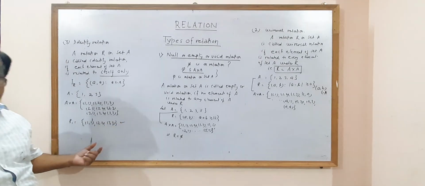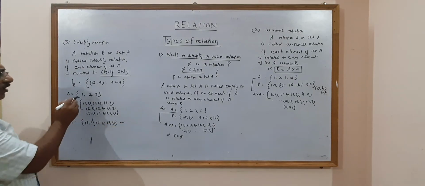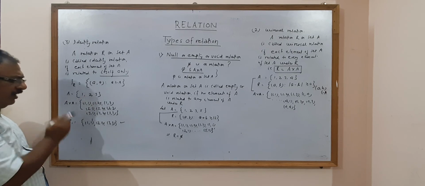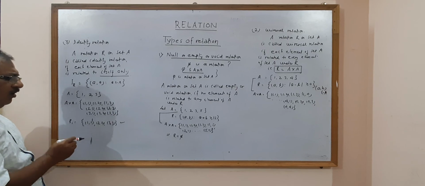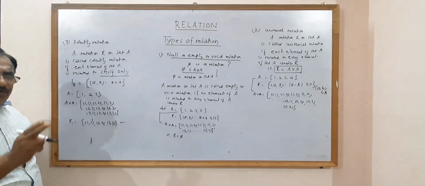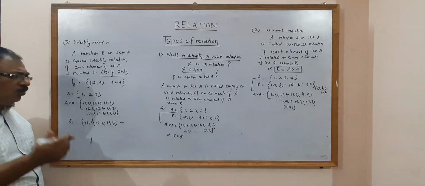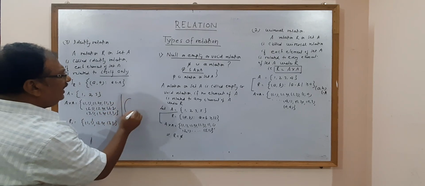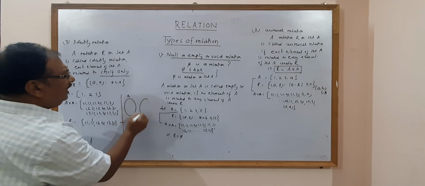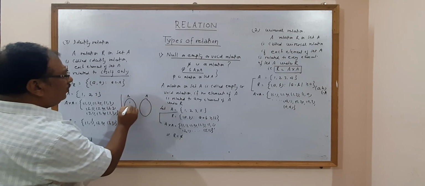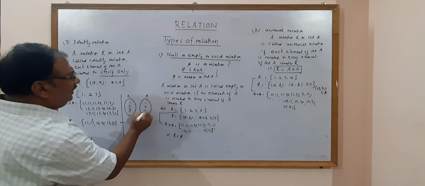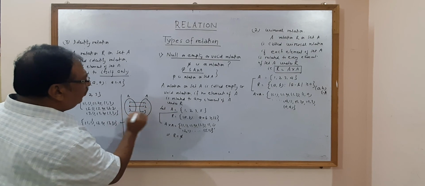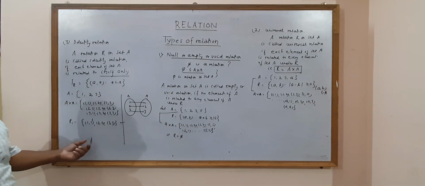This is the identity relation because A has 1, 2, 3 elements, so the identity relation will have only 3 elements. 1 corresponds to 1, 2 corresponds to 2, 3 corresponds to 3. Suppose this is A and this is again A: 1, 2, 3 and 1, 2, 3. 1 corresponds to only 1, 2 to only 2, 3 to only 3. This is the identity relation.